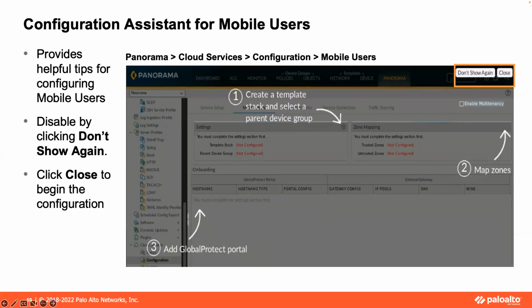The portal is very important to all of this. And you are required to have a single GlobalProtect portal. It must be deployed within the Prisma Access cloud.